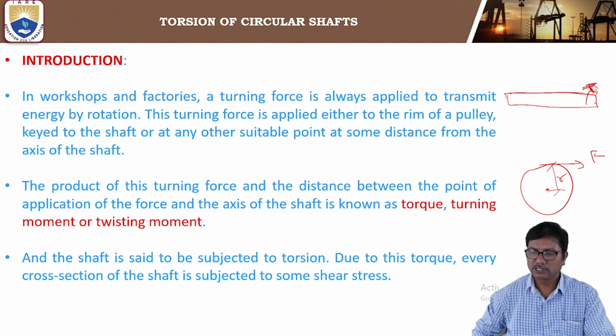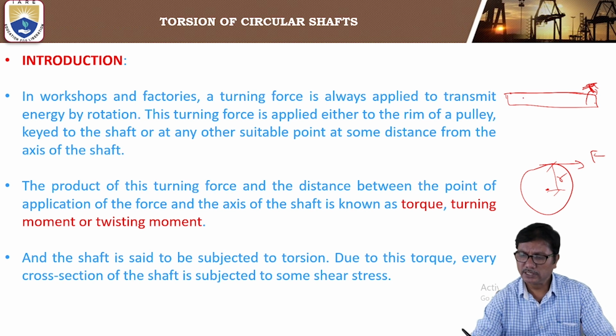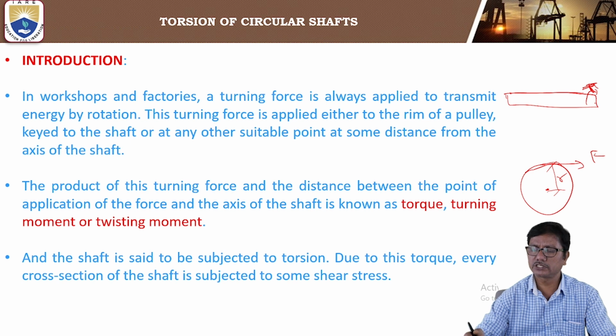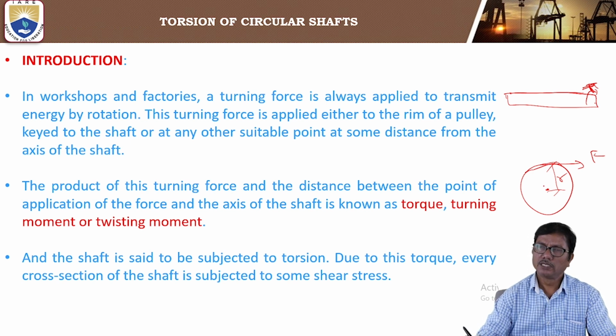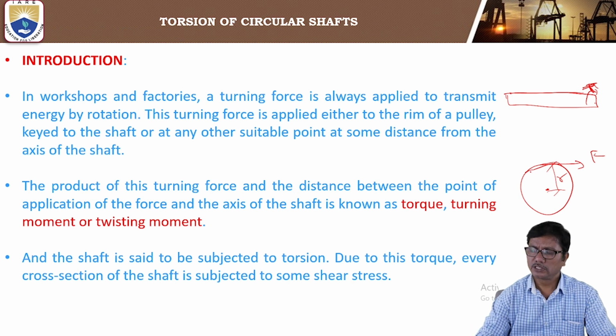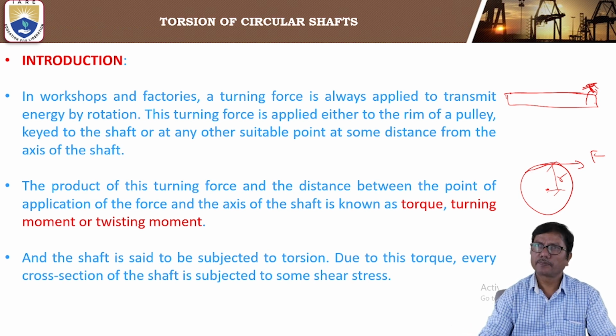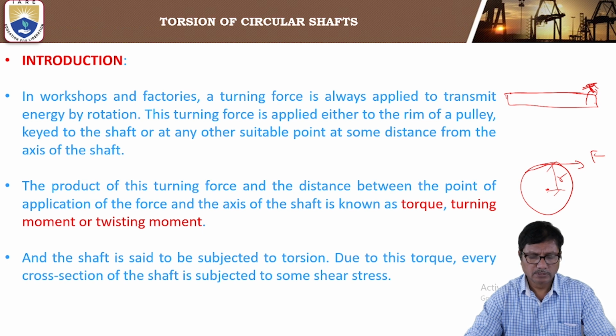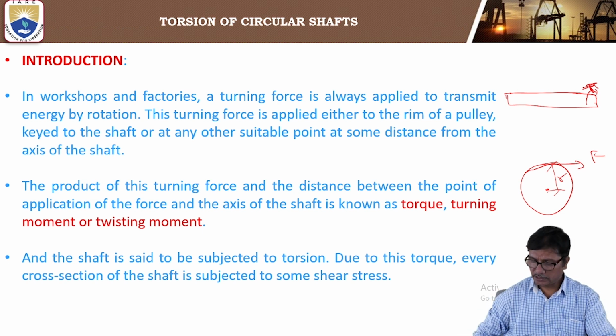What happens is, due to torsion, each and every cross section is twisted, and every other cross section also gets twisted, causing shear stresses across the cross sections. Every cross section is subjected to shear stress due to torsion.